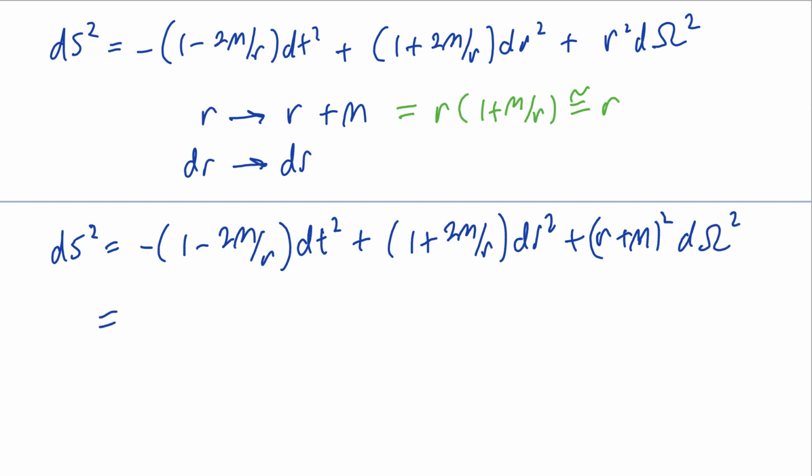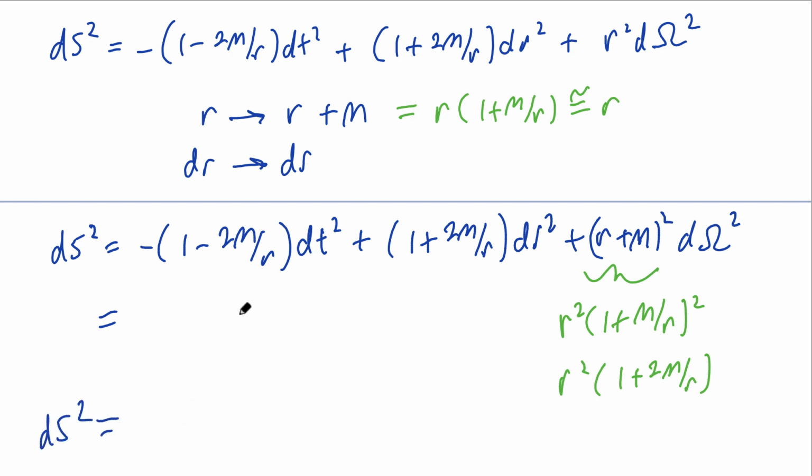So if we expand this, this is really r squared times 1 plus m over r quantity squared. And now since m over r is small, we can Taylor expand that as 1 plus 2m over r and drop the other terms. And now we see that the metric has the desired form.